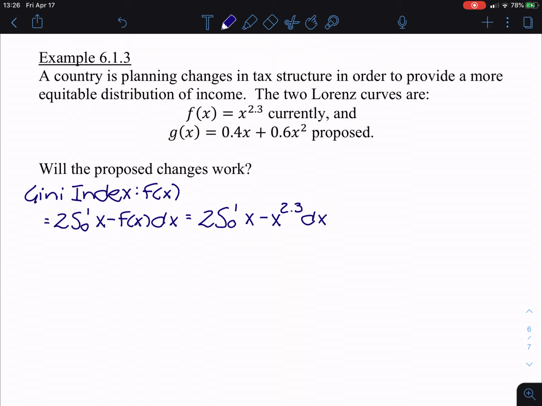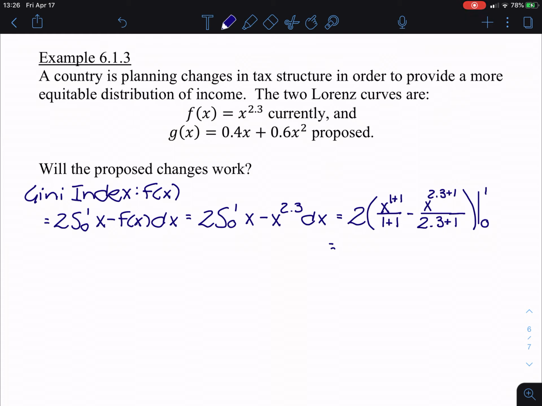All right, so we're going to take the antiderivative. We've got 2 here, and then x to the 1 plus 1 over 1 plus 1, minus x to the 2/3 plus 1 over 2/3 plus 1. All of this gets evaluated between our limits of integration, 0 and 1.